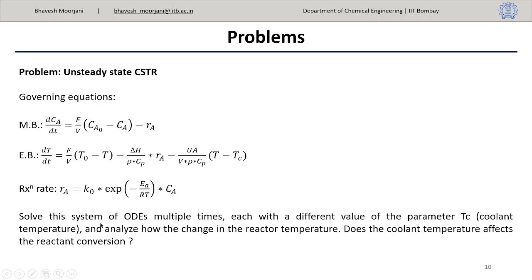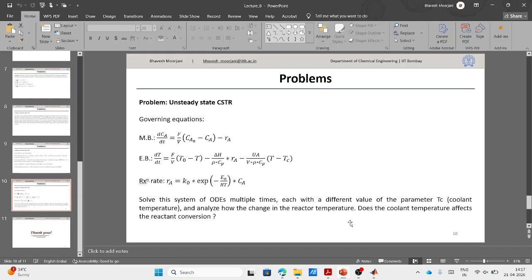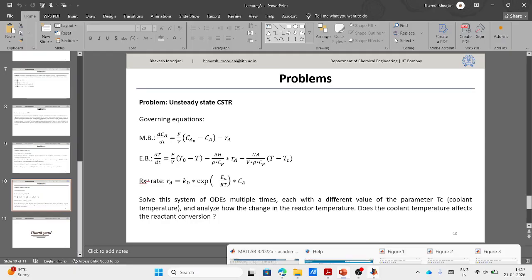So we have to solve the system of ordinary differential equations multiple times, each with a different cooling water temperature, and analyze how reactor temperature varies, what the maximum safe limit will be, as well as how conversion is getting affected. Right? So this is our task. Then we will code it.